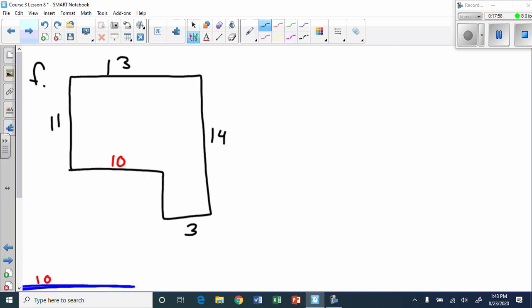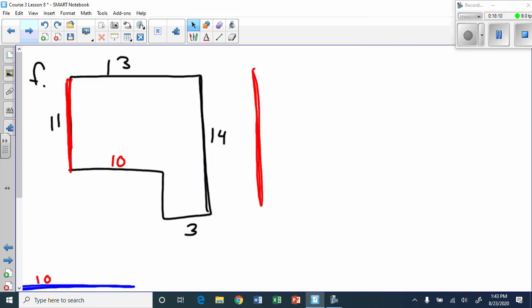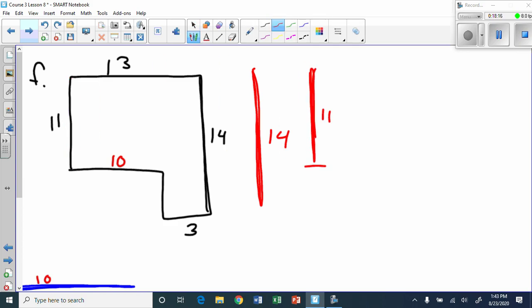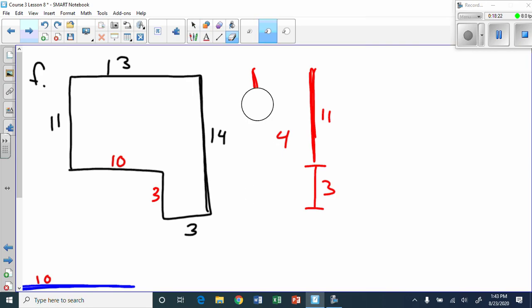Same thing here, looking at the perpendicular sides. From here to here is 14. This side is 14. This side is 11. I want to see it another way. If this is 14, and this piece is 11, this is what's missing. It must be 3. So this piece here has to be 3.